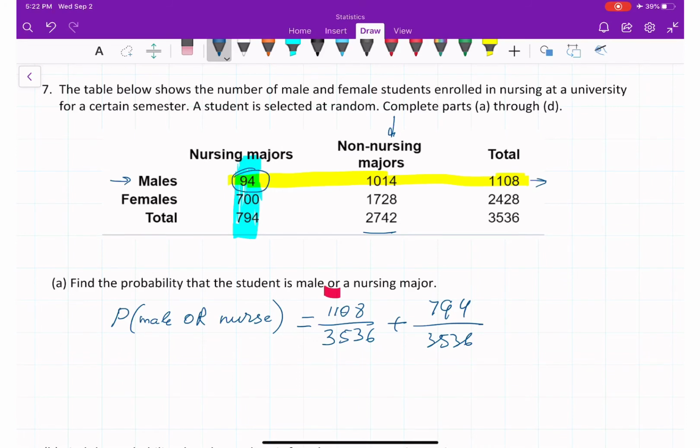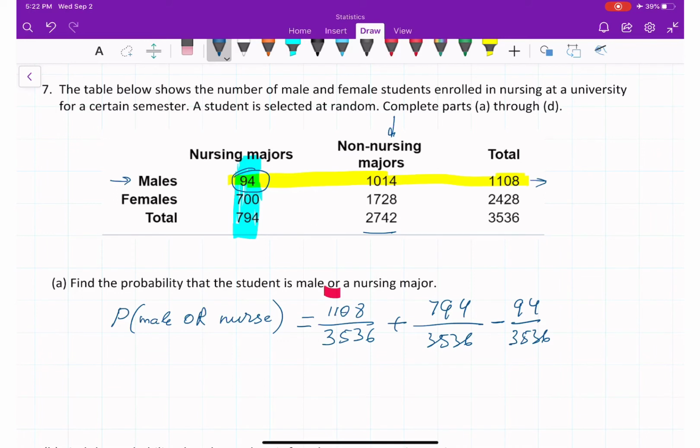It is duplicated with males and then nursing majors, right? So it's only one element duplicated. Therefore, we need to eliminate that one element, minus 94, over 3,536. We understand?